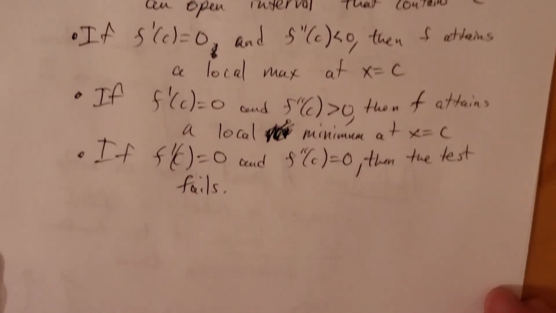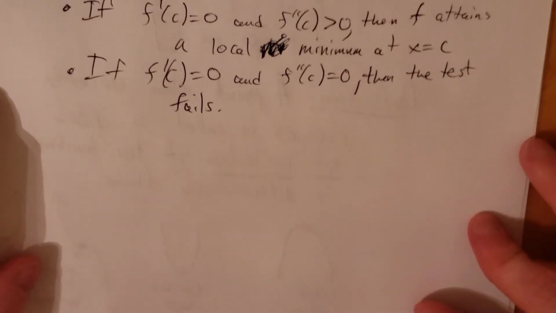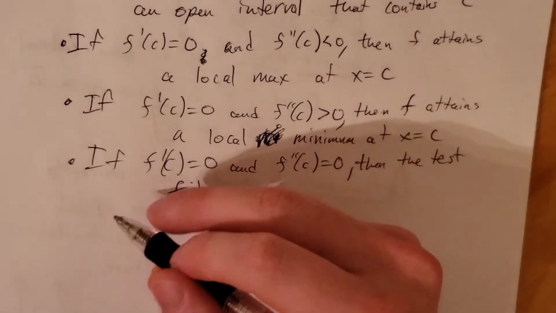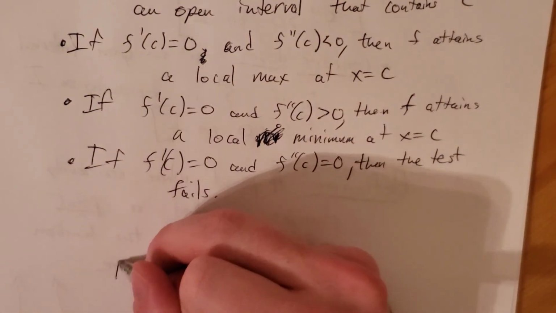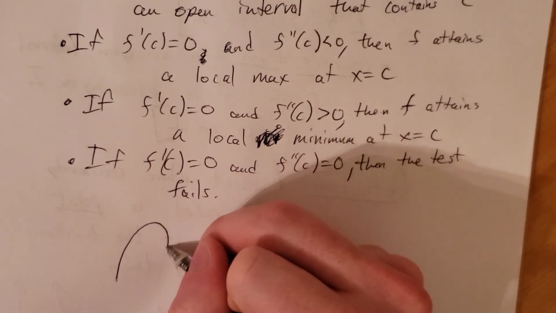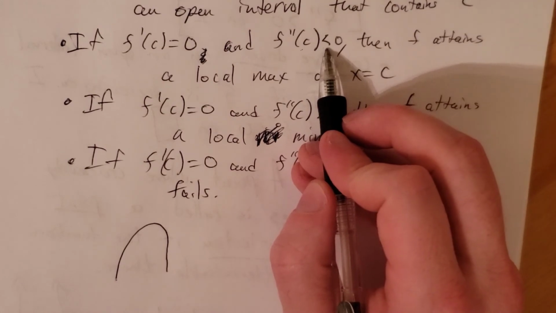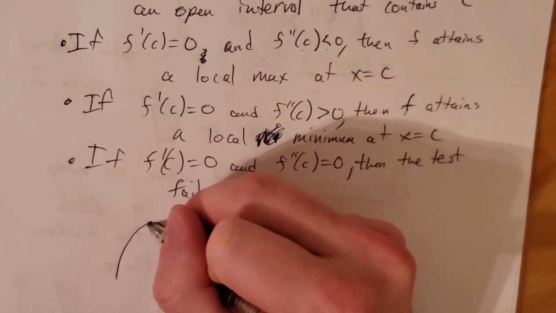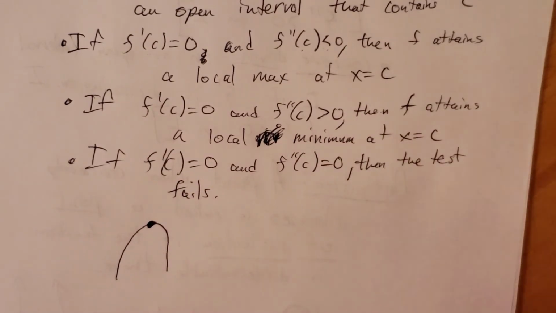Real quick, let's take a look at what all of this means via some pictures. Right? If we have a critical point and f double prime of C is less than 0, in other words, our function is concave down, and we have a critical point there, then this is a maximum, right?